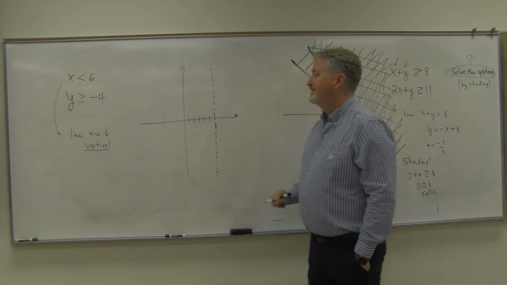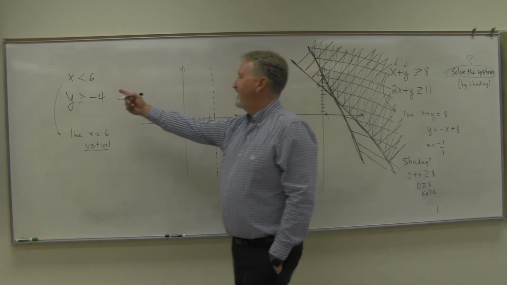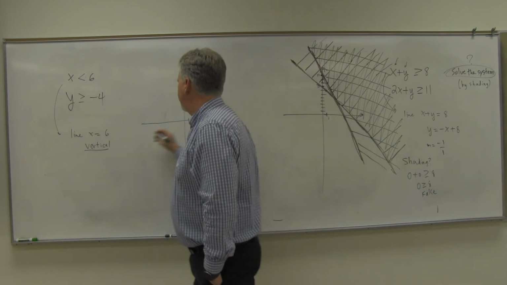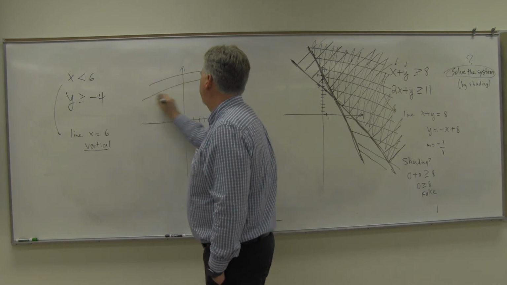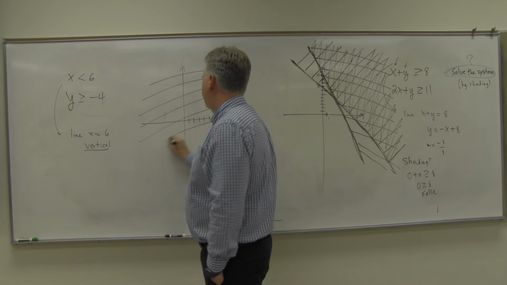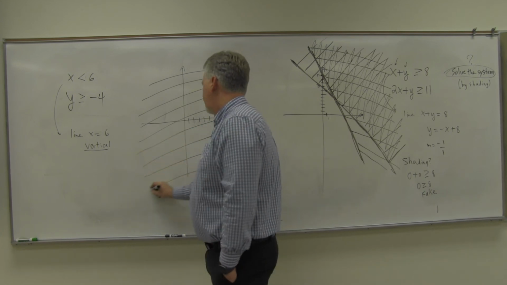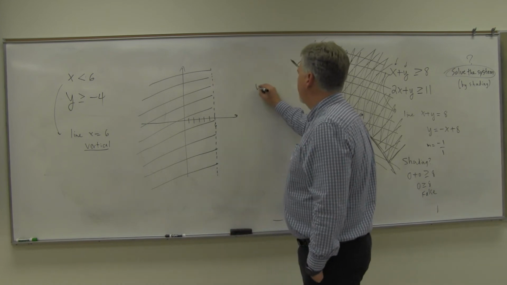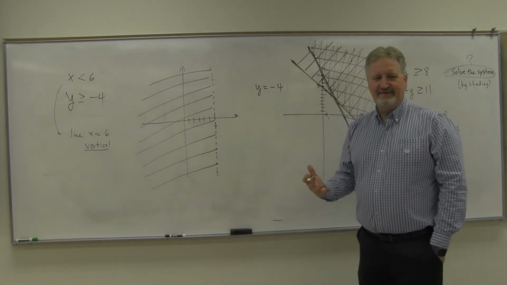And that one, okay, so does 0, 0 work? Well, x is 0, so you got 0 is less than 6, so 0, 0 works. So yeah, you're shading this side of that line to the left. The other line is y equals -4, which is just the opposite of what we just had, right?